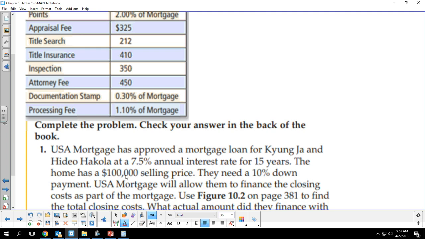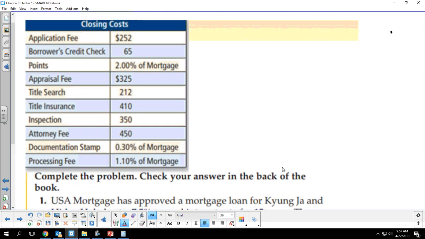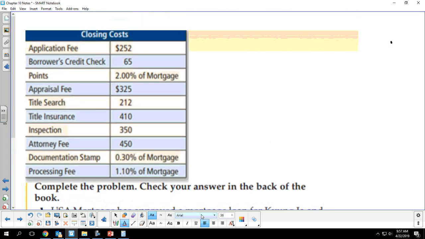The home has a $100,000 selling price. They need 10% down. So step number 1 is going to be finding the 10%. So we go 100,000 times 10%. I don't even need a calculator for that. I know that is $10,000.